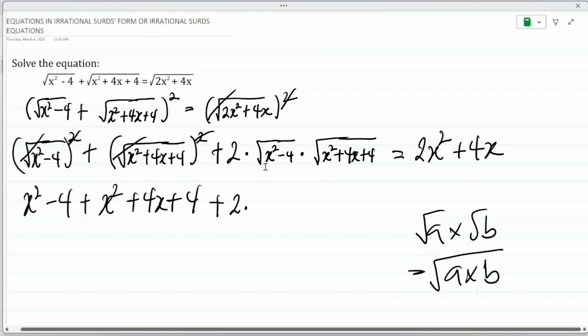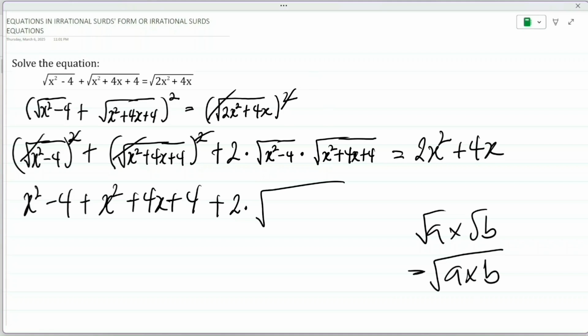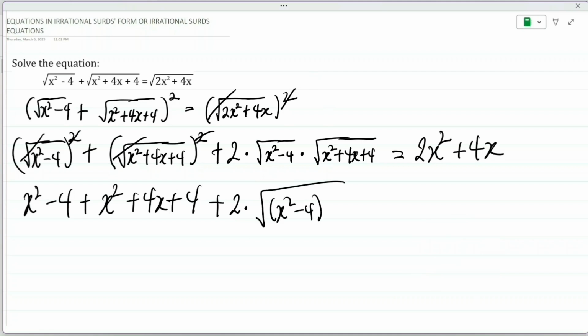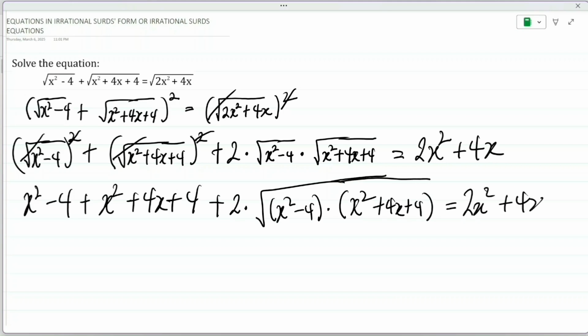Same applies to this. You have a big square root. You have to be careful here. You have x squared minus 4 in one bracket times x squared plus 4x plus 4 in the second bracket, close bracket, equals 2x squared plus 4x.